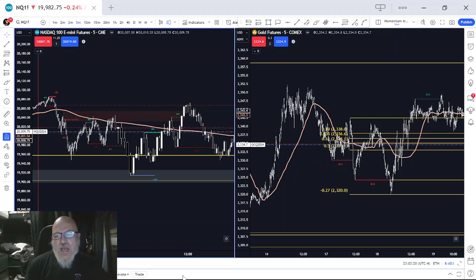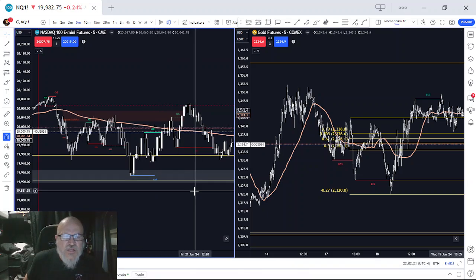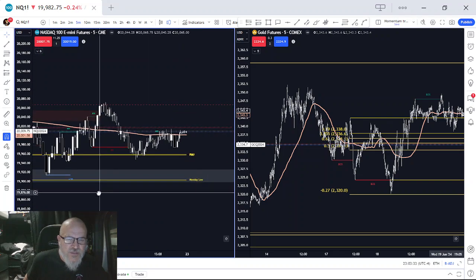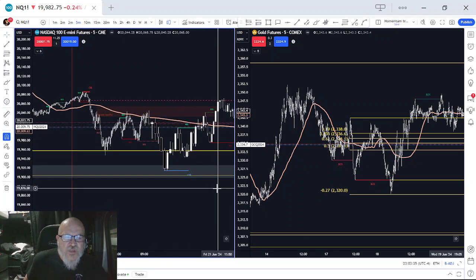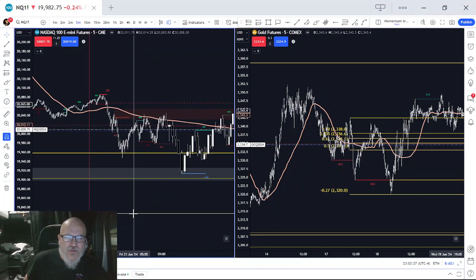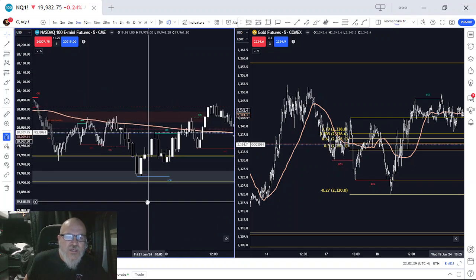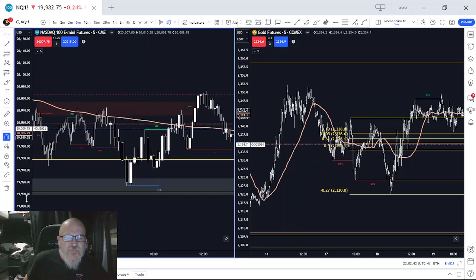I use the OTE fib all throughout the day, from London session to New York close. If it sets up, it sets up, regardless of what time it is. And I also trade on the 5 minute chart, not the 15 minute.